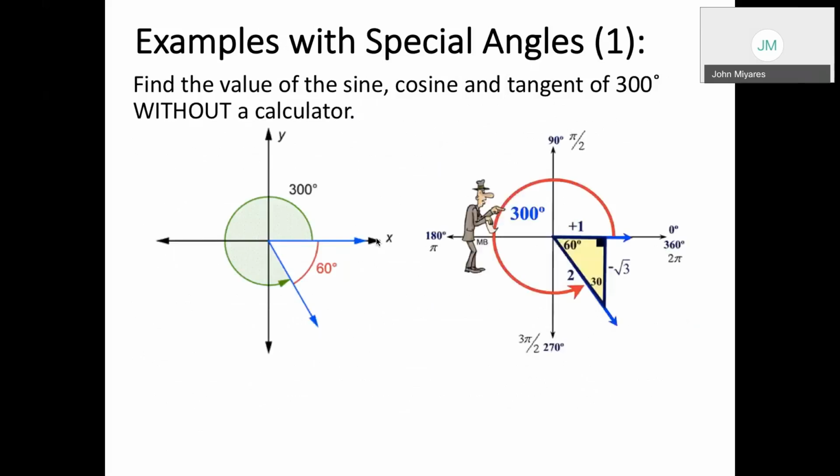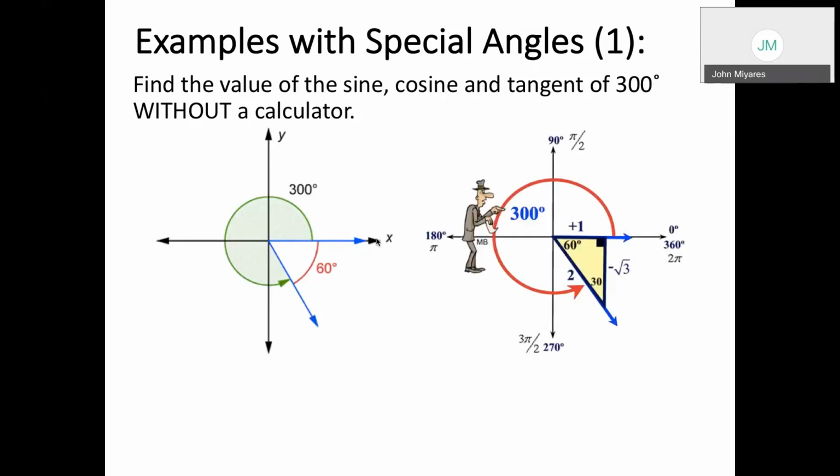Dropping our perpendicular back to the x-axis, we can label the three sides of the triangle as we know them to be. The short side, across from the 30-degree angle, would have a measure of 1. The hypotenuse will have a length of 2, and the long leg will be labeled as having the length negative square root of 3 because we're measuring y in the negative direction because we're in quadrant 4.